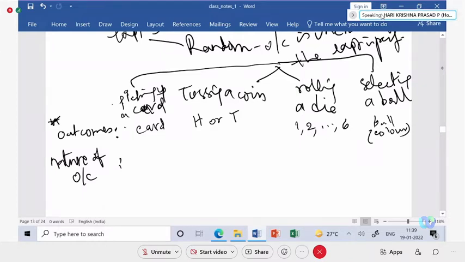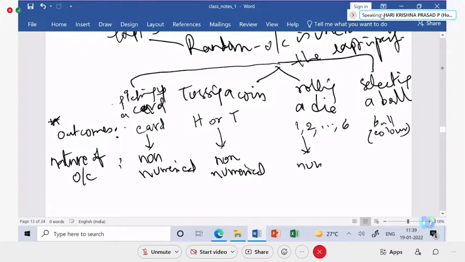The nature is non-numerical. In the second case, the nature of the outcome is still non-numerical. In the third case, the outcome is numerical. In the fourth case, the outcome is non-numerical.